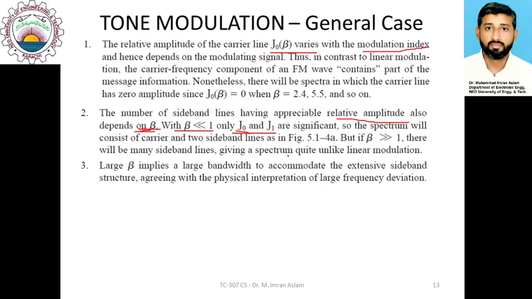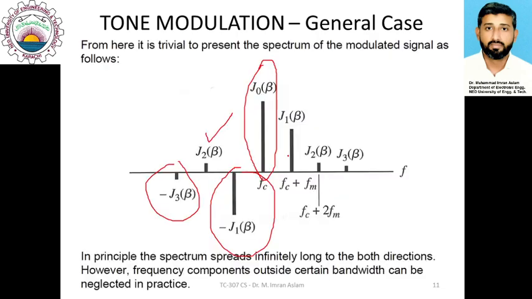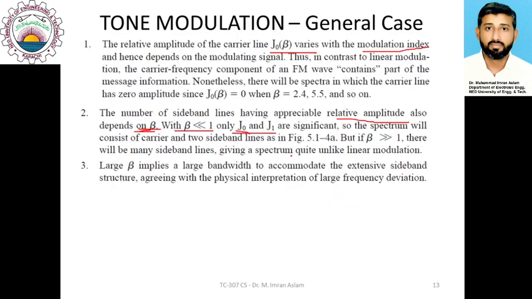So basically the number of significant sidebands available in the spectrum depends on the value of beta. The larger value of beta results in a larger number of sidebands. So in the FM and PM case, it's not necessary to have only one upper sideband and one lower sideband. We can have multiple upper and lower sidebands depending on the value of beta.